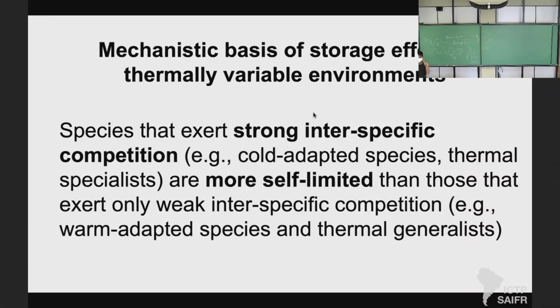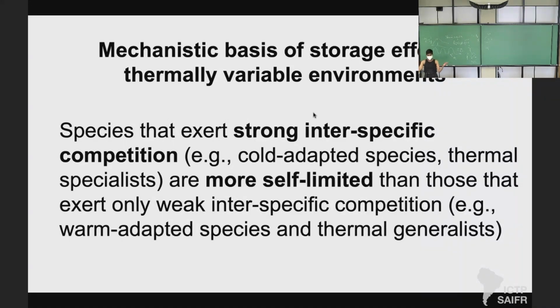So the strong competitor exerts a very strong negative effect on the other species. The only way they can coexist is if the strong competitor exerts a stronger effect on itself. But it makes sense, right? If you're a strong competitor, then it would make sense that you would have that competitive effect on any other individual who's trying to take the resource away from you. But this is the condition. This has to be satisfied.